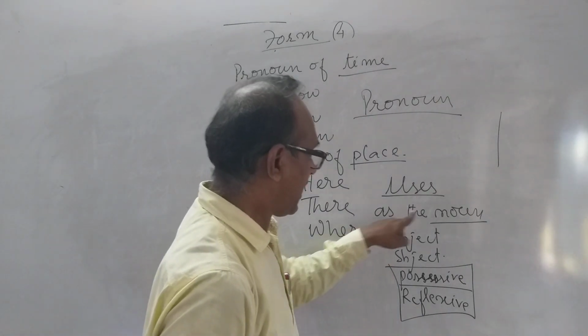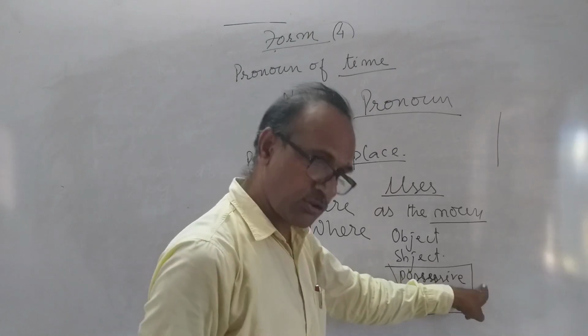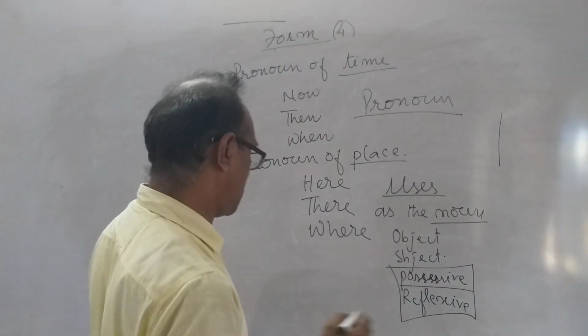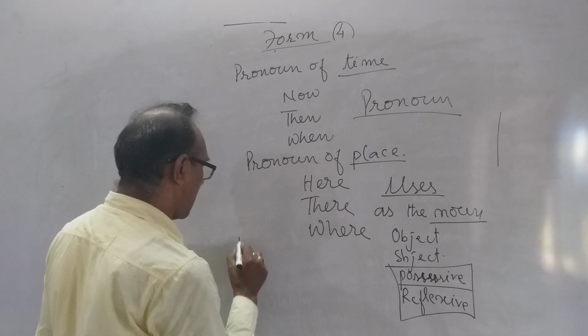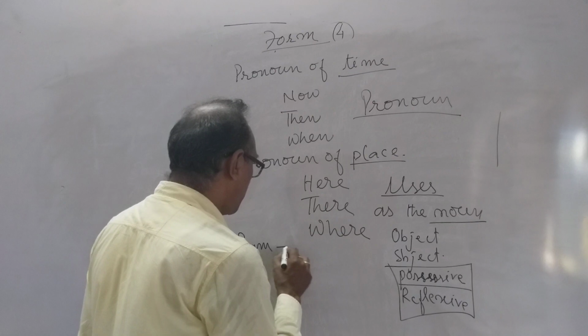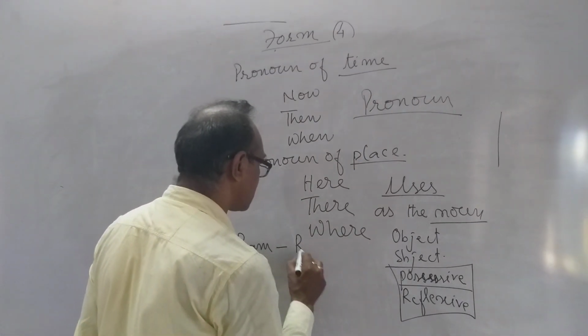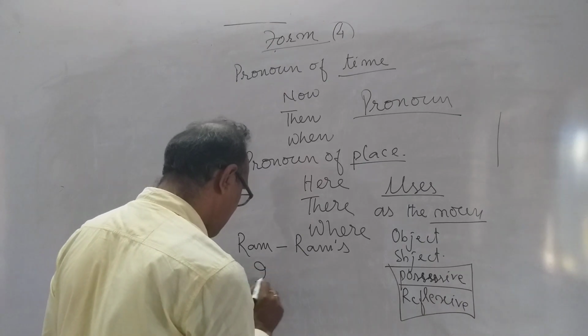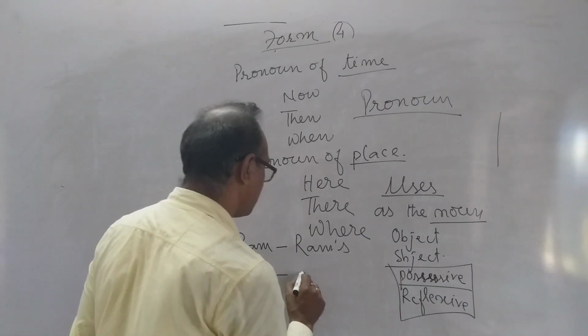Nouns have their possessive forms, but they have some limitations, because you see here if it is Ram, the possessive form of Ram is Ram's, but for I it is mine.